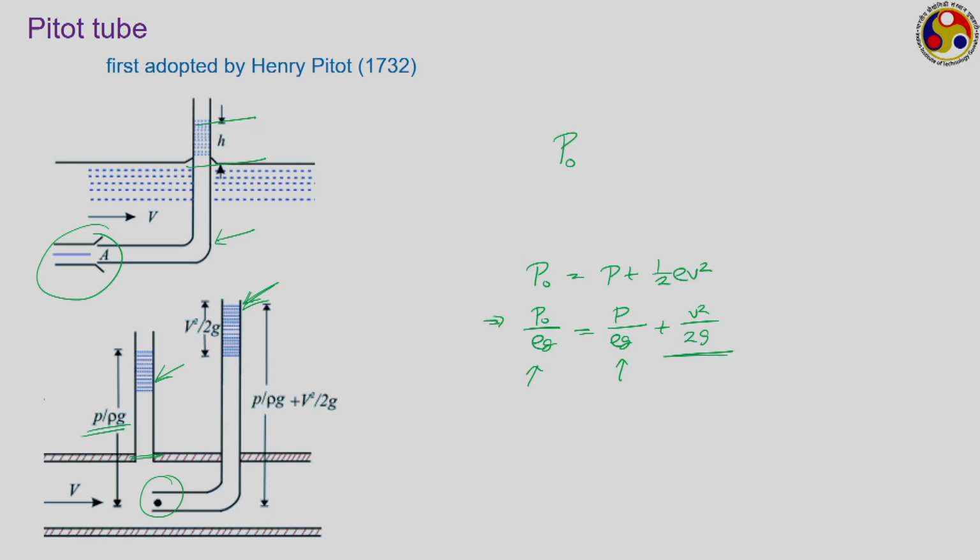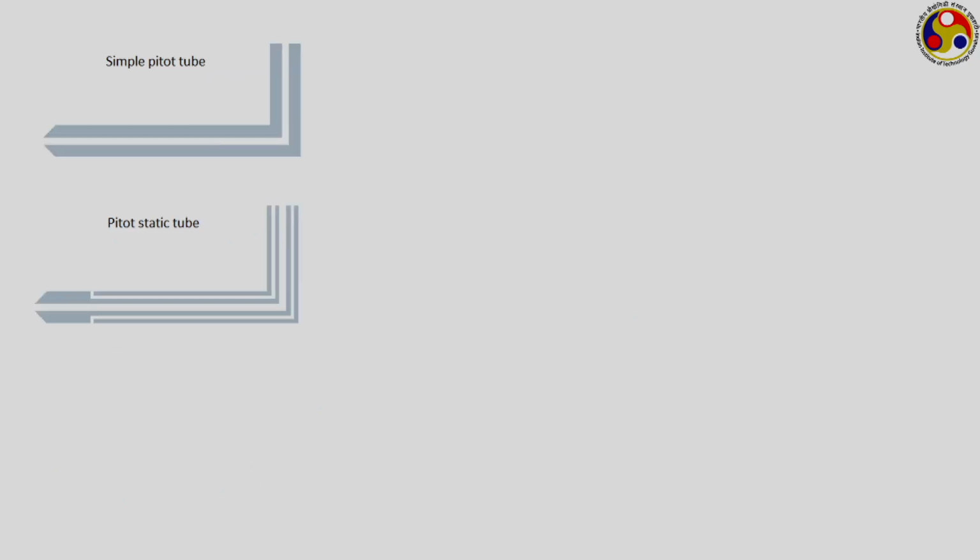So, just by measuring the difference between the stagnation and static pressure heads, and from the knowledge of the local gravitational acceleration, you can measure the velocity at this location. But quite often, instead of using separate static and stagnation probes or tubes, we combine them into something known as the pitot tube. This is the simple Pitot tube. In the case of the pitot tube, instead of having one, we actually have two tubes.